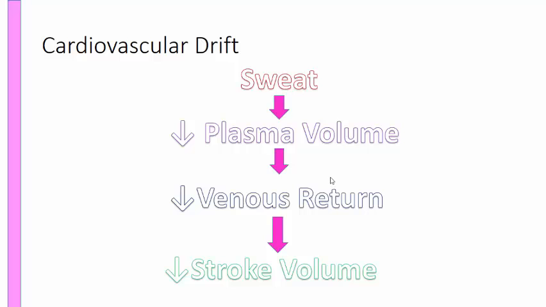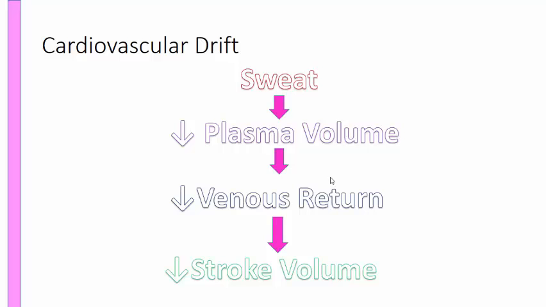So because we are losing so much water due to sweating so much, we're decreasing our stroke volume, and that would cause our cardiac output to decrease at a given intensity. But we know that we need to maintain our cardiac output at a given intensity so that we have the appropriate oxygen delivery. So in response to this decrease in stroke volume, heart rate has to increase so that cardiac output can be maintained.